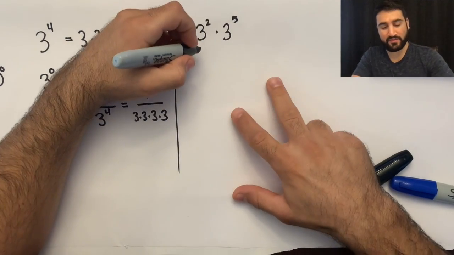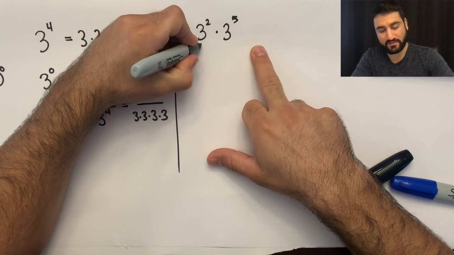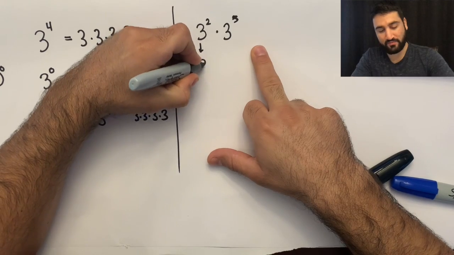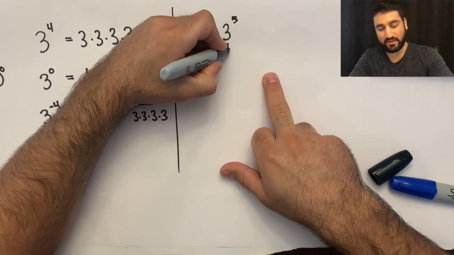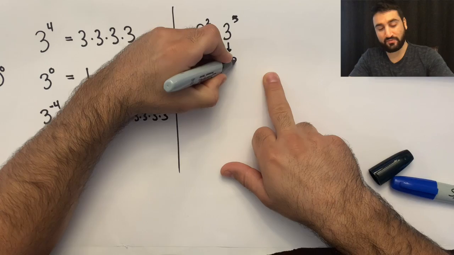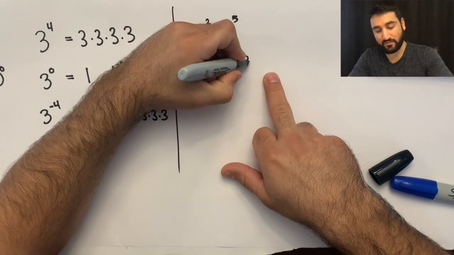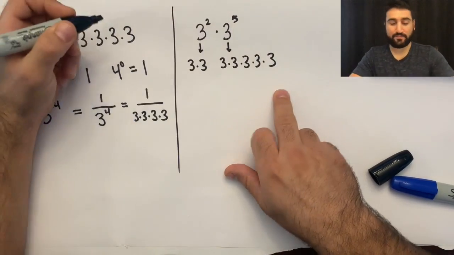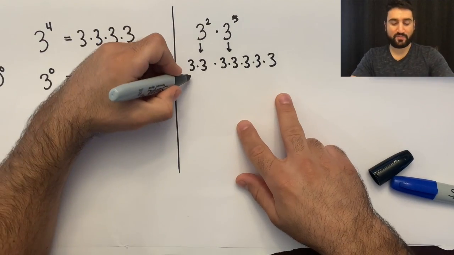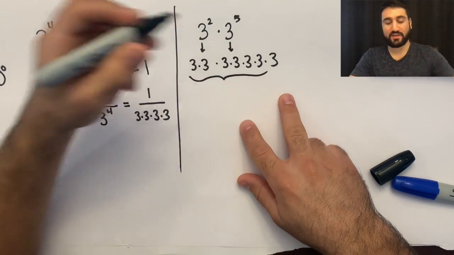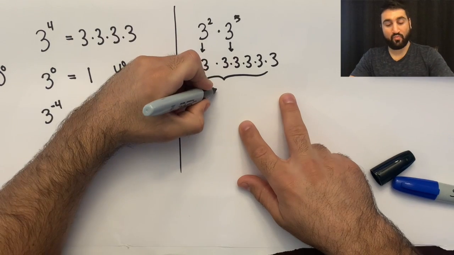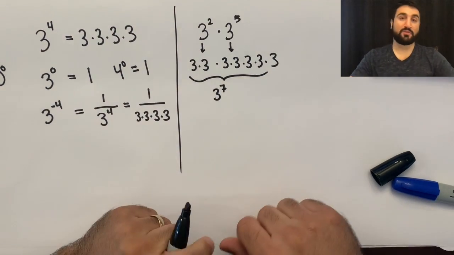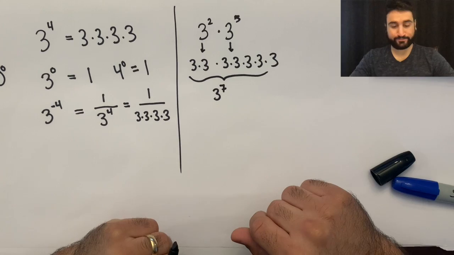So if you think about this broken down, this is 3 times 3. And this is 3 times 3 5 times. So 3, 3, 3. What happens when you multiply all of these 3's together? There's 7 of them, so it'd be 3 to the 7th power.